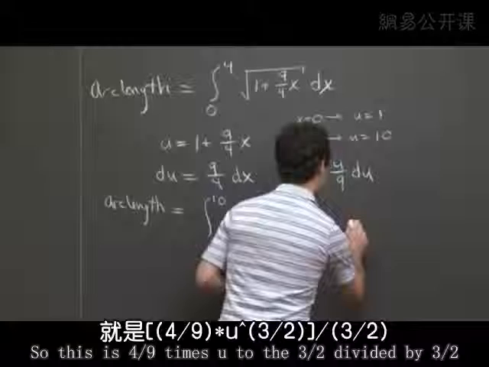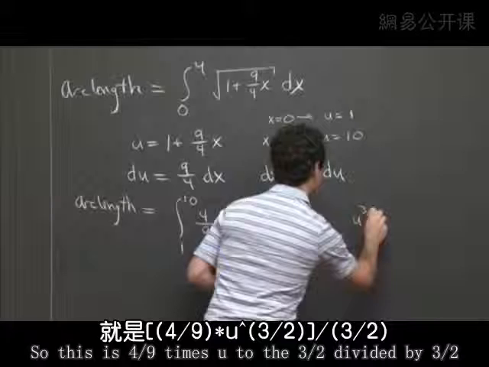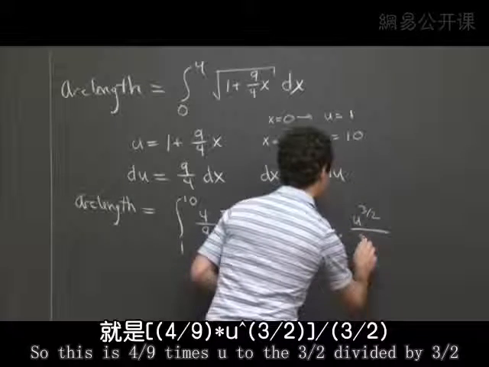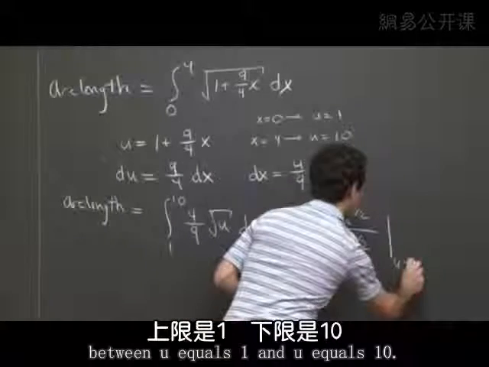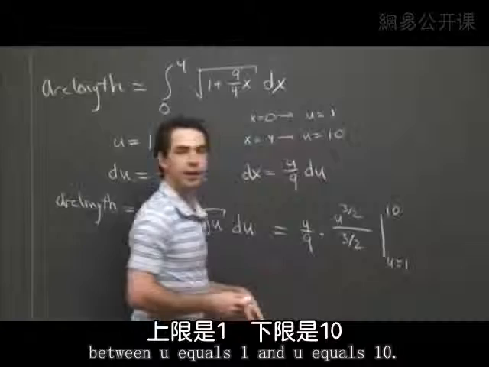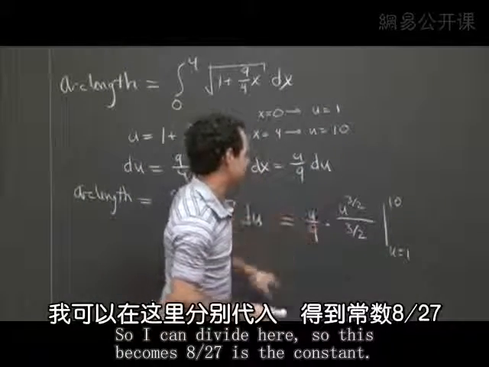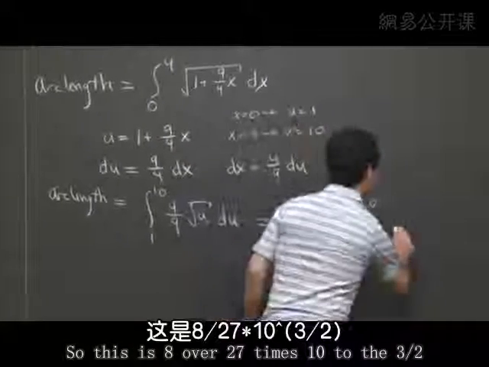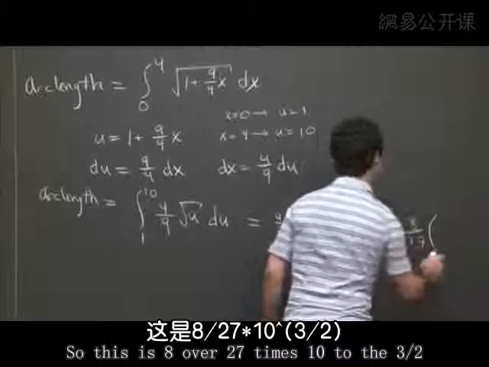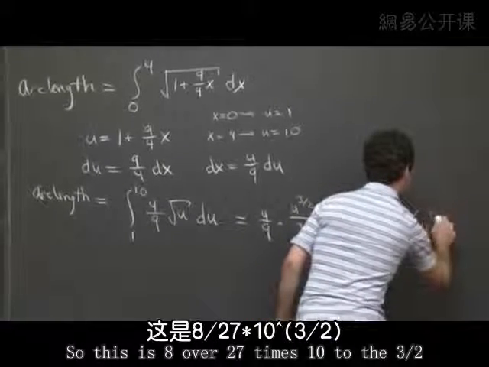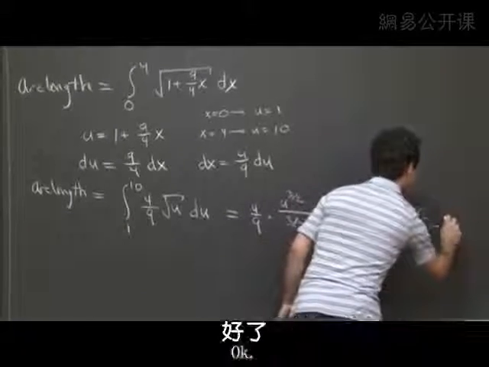So this is 4/9 times u to the 3/2 divided by 3/2, between u equals 1 and u equals 10. I can divide here, so the constant becomes 8/27. So this is 8/27 times 10 to the 3/2 minus 1 to the 3/2, which is just 1.